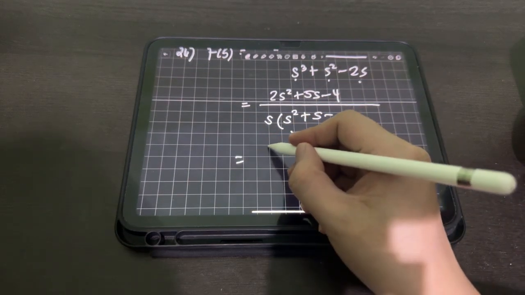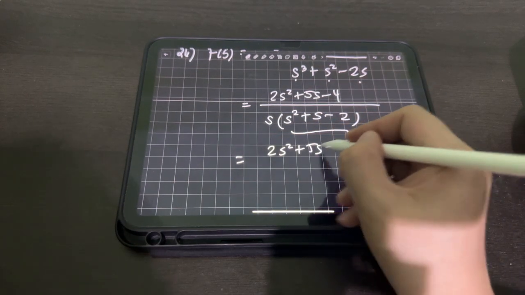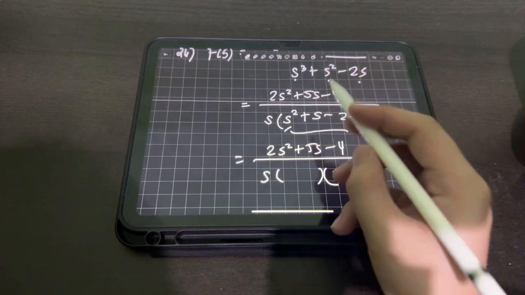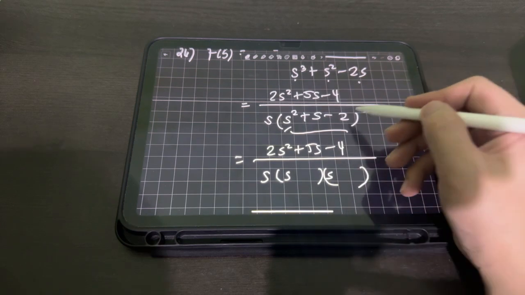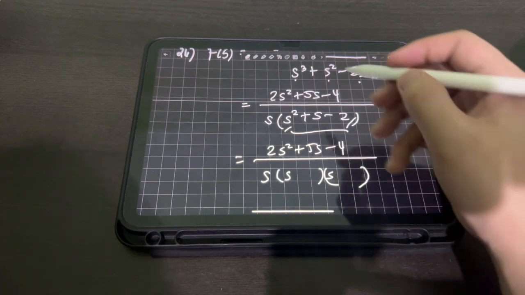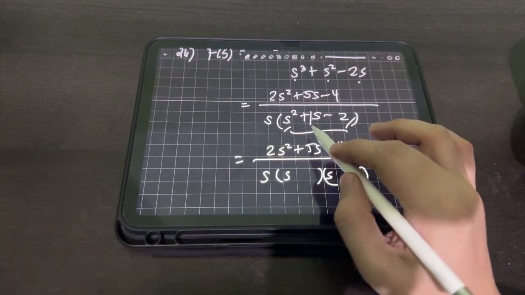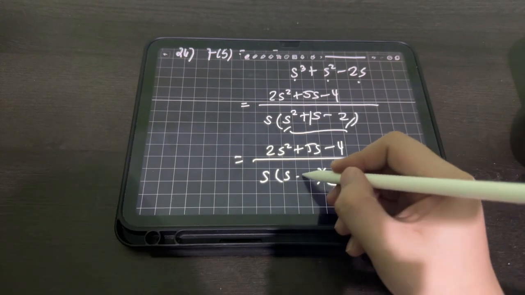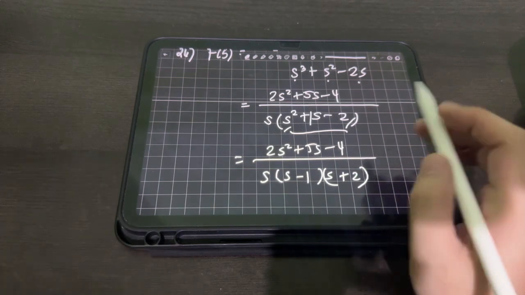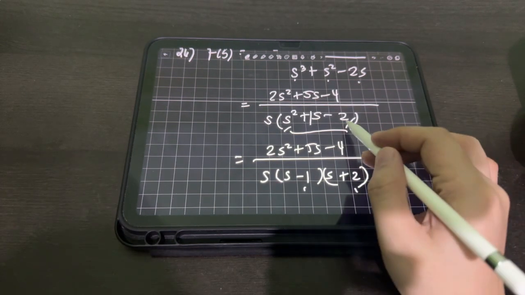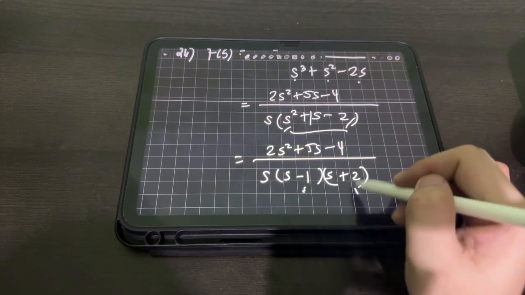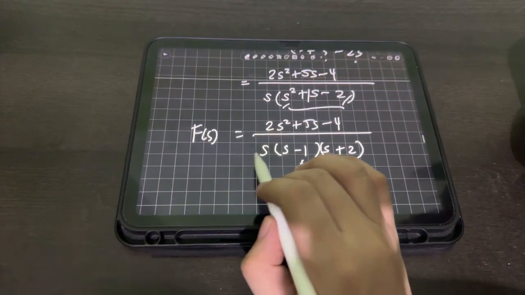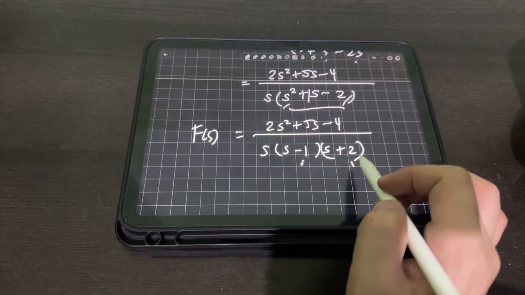So we have 2S squared plus 5S minus 4 over S times, so factors of S squared is S times S. Then think of factors of negative 2 that, when you add, equal the coefficient of S, which is positive 1. It can be negative 1 and positive 2, because negative 1 times 2 is negative 2 and negative 1 plus 2 is positive 1. So therefore, this is the factored form of the denominator of F of S.